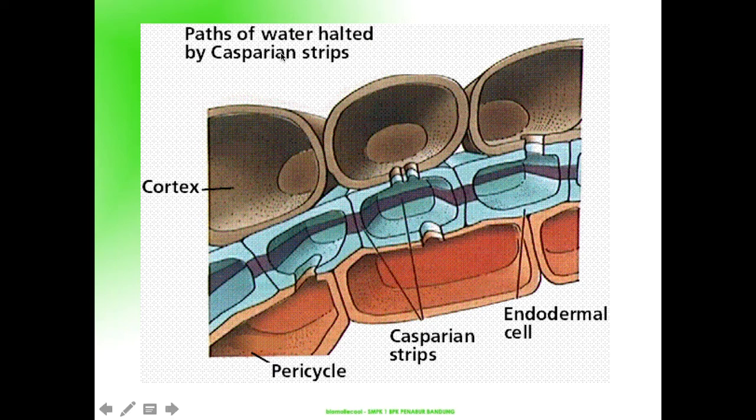They will enter the root through the cells, from cell to cell, or they will go through the intercellular spaces, like this, from the side. But once they arrive at the endodermis, because of the presence of Casparian strips, they can no longer pass through the endodermis via the intercellular spaces.